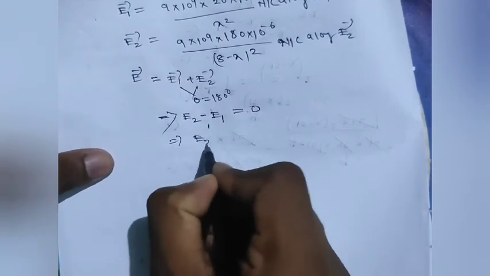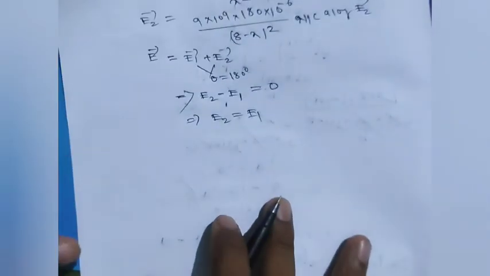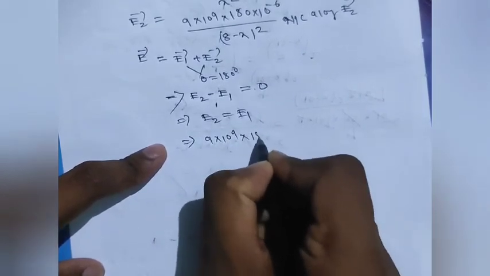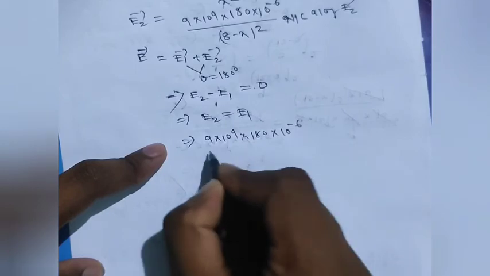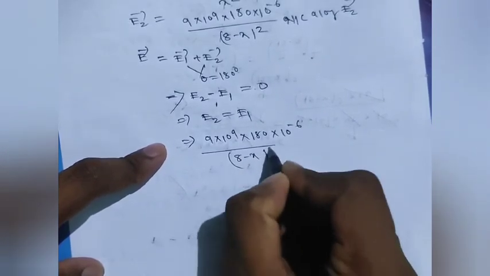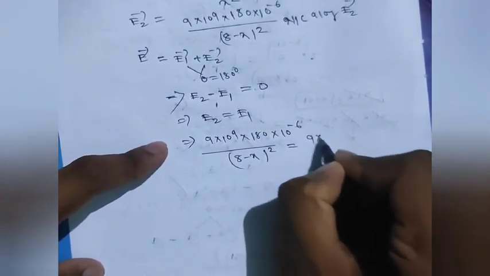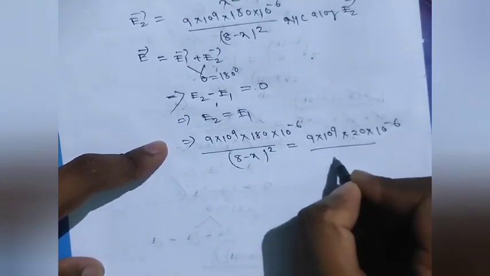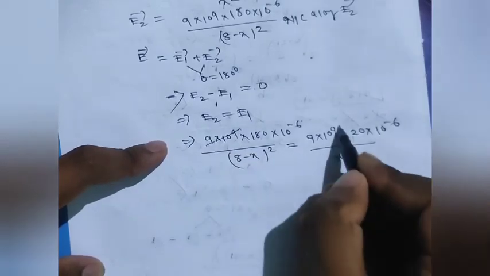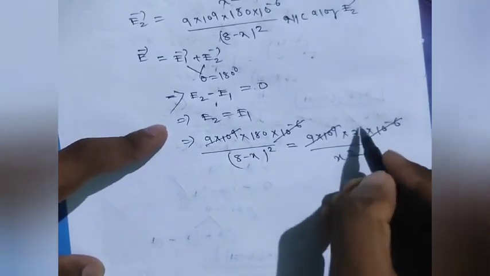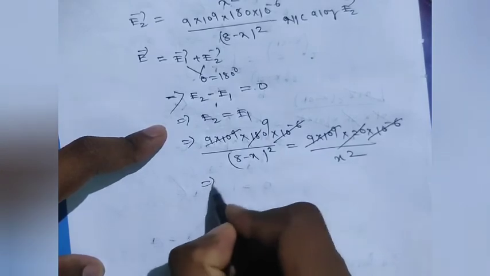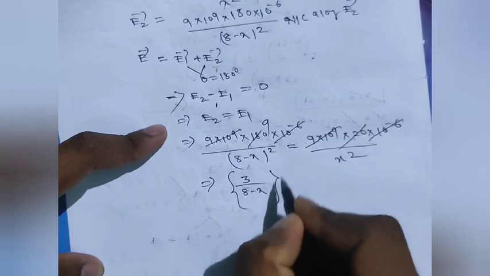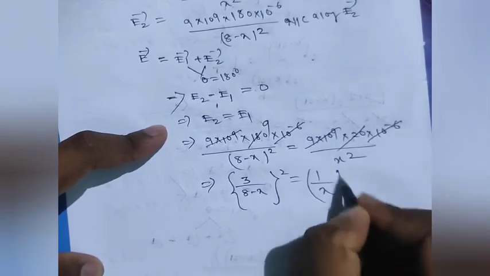So it's simply E2 equals E1. So E2 is how much? 9 into 10 to the power 9, 180 into 10 to the power minus 6 by (8 minus x) whole square, and E1 is 9 into 10 to the power 9, 20 into 10 to the power minus 6 by x square. So this will get cancelled, this cancels, 20, this is 9. So it's simply 3 by (8 minus x) whole square, equals 1 by x whole square.